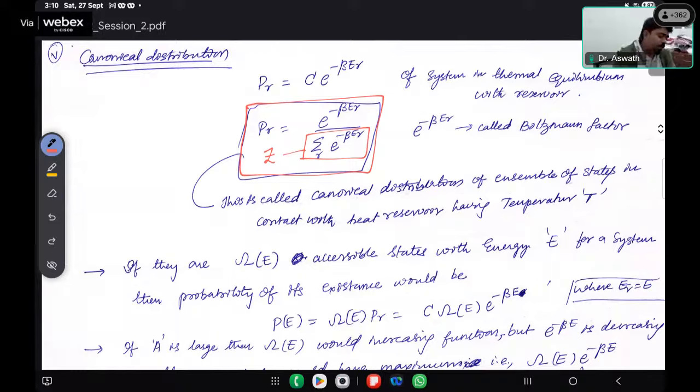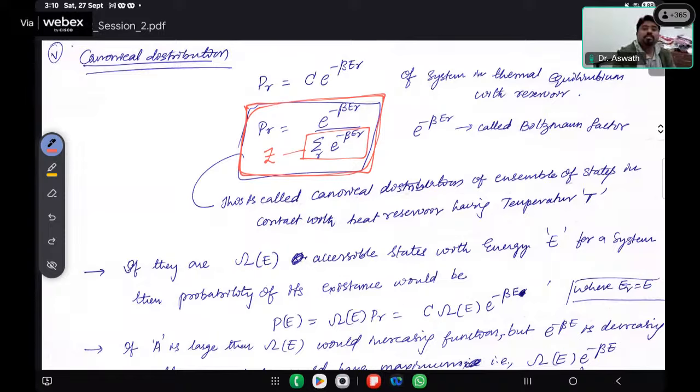If this expression could be converted for an equilibrium situation, then this expression itself becomes the Gibbs principle. That is the power of this expression.